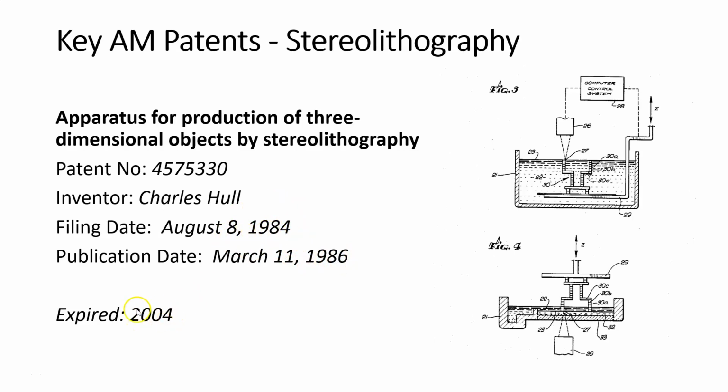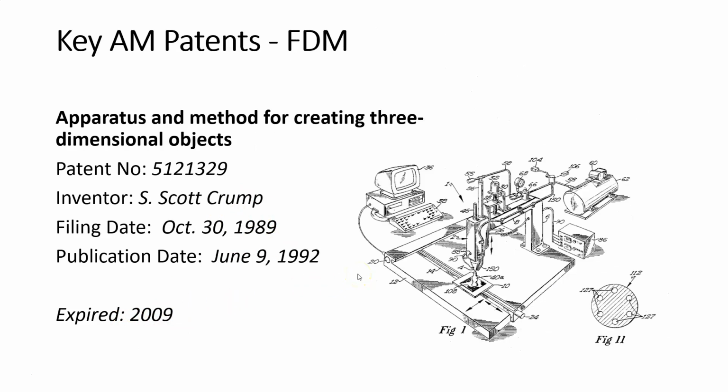What's the difference between 2004 and 1984? Well, 20 years. So this is a utility patent that was filed by Charles Hull, right? To basically start the whole 3D printing phenomenon or technology out. And it expired 20 years after the filing date, 2004, right?